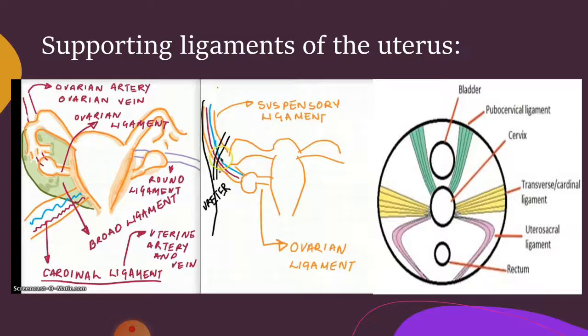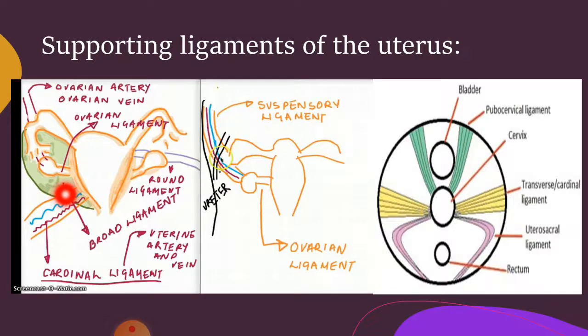So the first point is how this broad ligament is formed. These will be lying on each side, not on this side only. This will be on the other side as well.